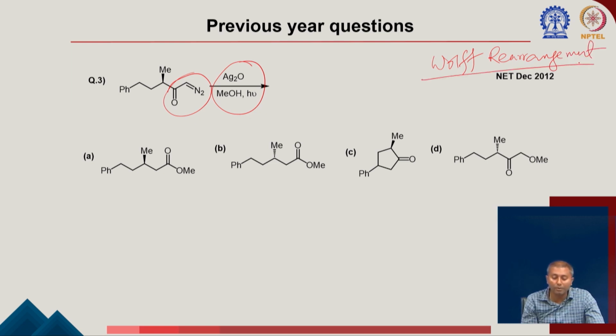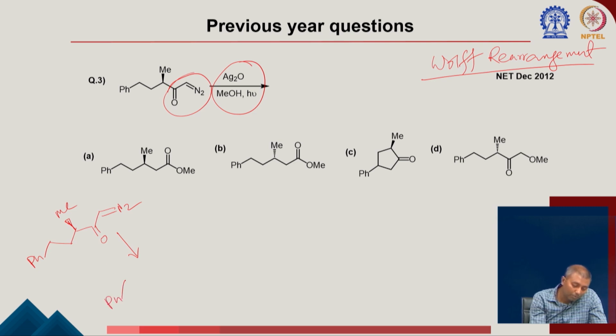So, let us try to learn what is happening here. If you remember in the Wolff rearrangement, we end up with the formation of a ketene. So, once you can think this thing, we can draw another resonance structure.